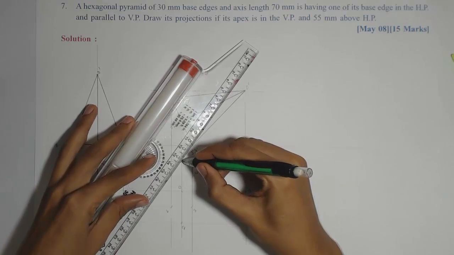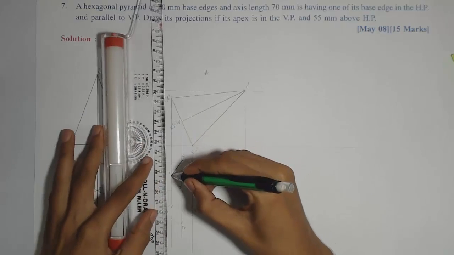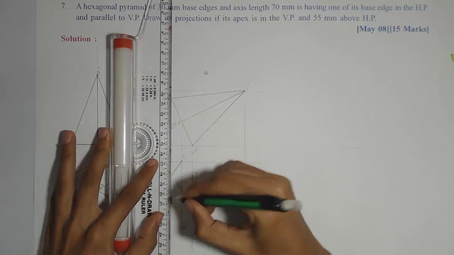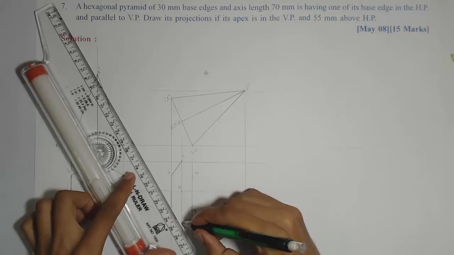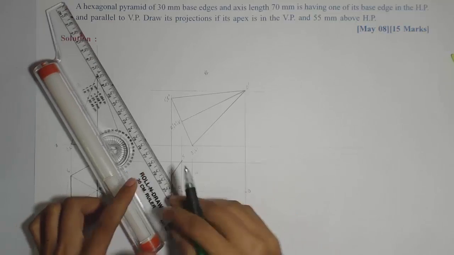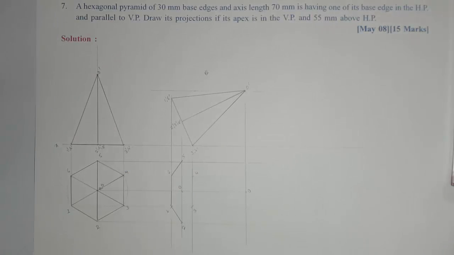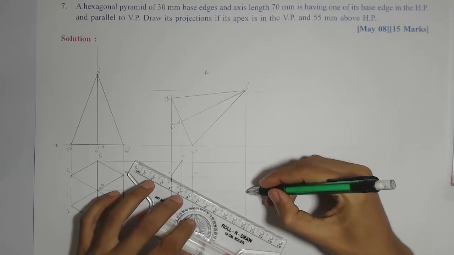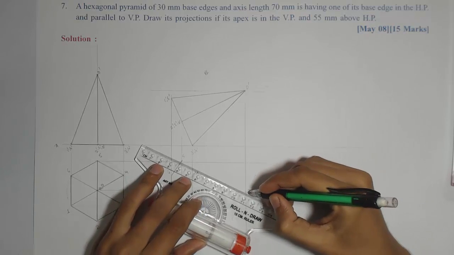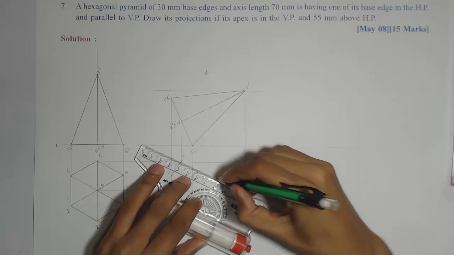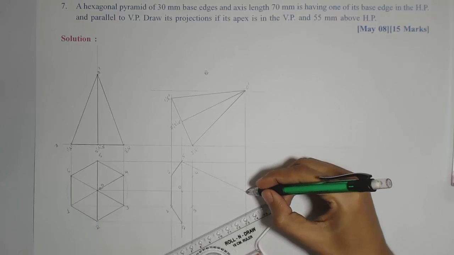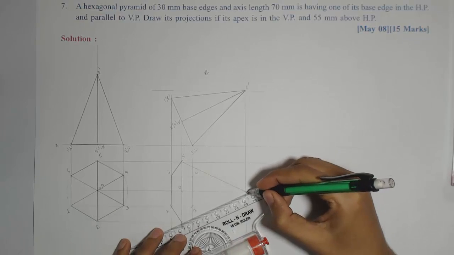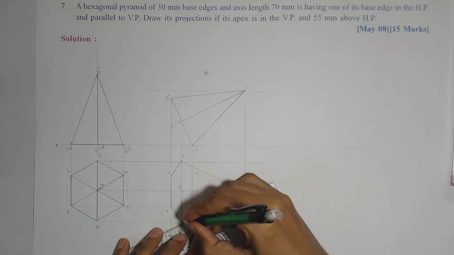Now we'll get the apparent hexagon here, not the true hexagon. 1 to 2. Then 4 to 5 is again on the boundary, one of the slant edges. Then similarly 4 to 2 will be on the boundary.